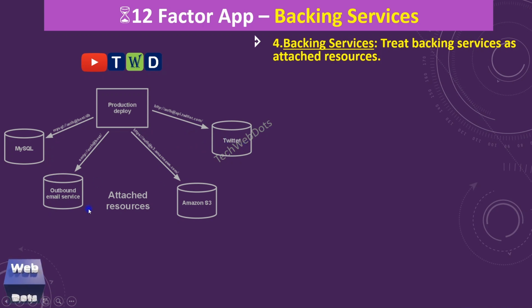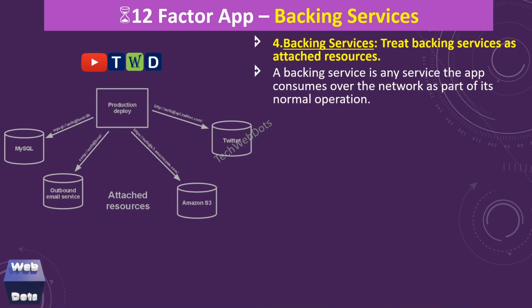All these four are attached resources, or we can also call them backing services. The golden statement for this principle is: treat backing services as attached resources. It means those are not directly inside the microservice or your software as a service.